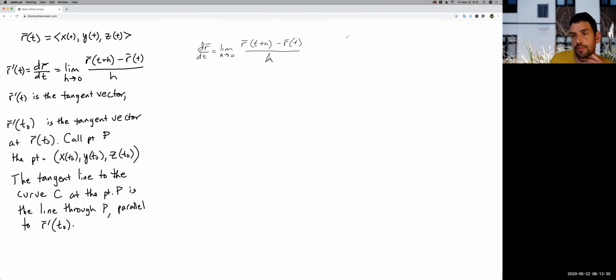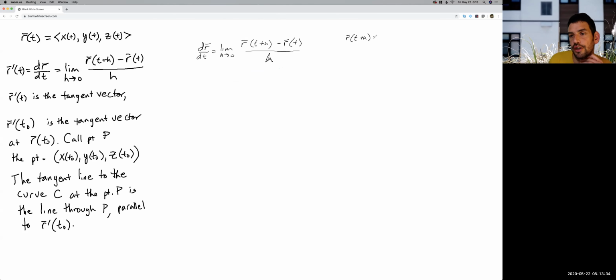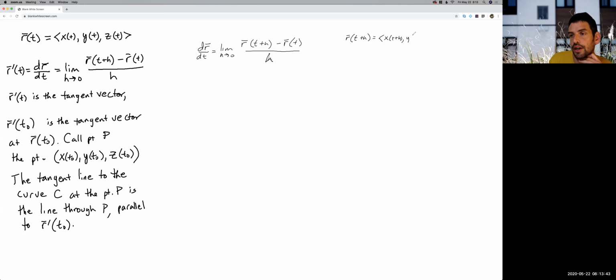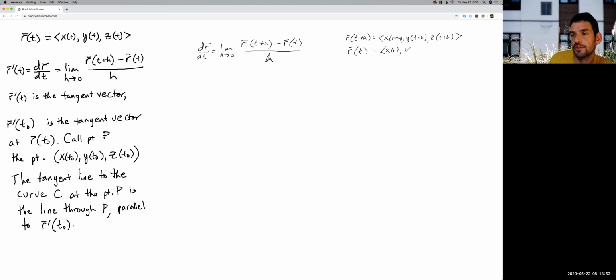If I remember, r of t plus h is going to be x of t plus h, y of t plus h, z of t plus h. r of t, of course, is x of t, y of t, z of t.